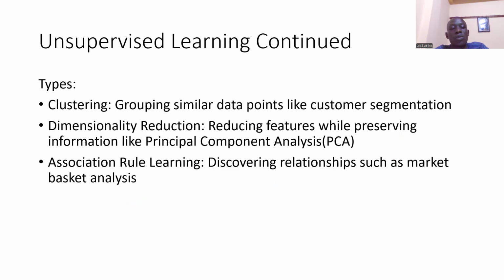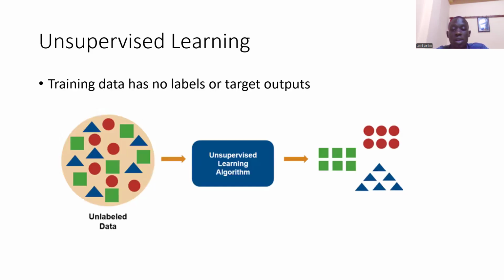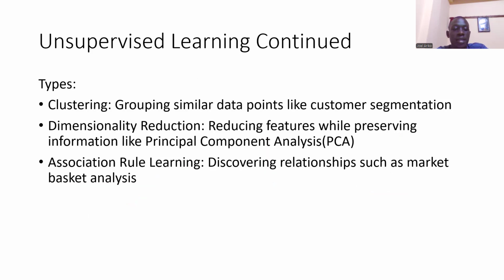Then we have types of unsupervised learning. I said we have clustering, where we group similar data, for example, customer segments, or even shapes. As you saw in this image, we have shapes: squares, circles, rectangles and triangles. Then we have dimensionality reduction.